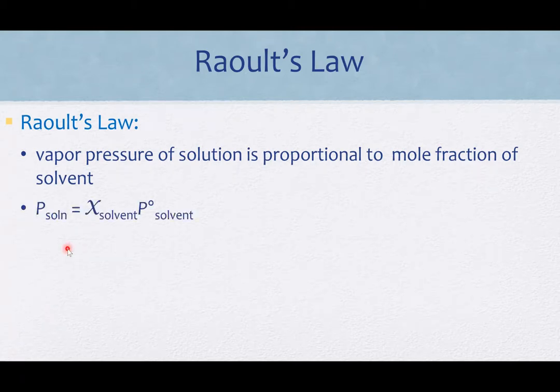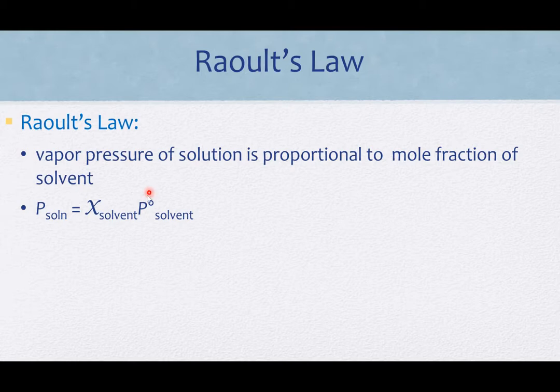So here is the formula for Raoult's law. The vapor pressure of the solution, P solution, is equal to the mole fraction of the solvent times the pressure of the solvent. Remember this little degrees symbol next to it is just at standard state, so standard pressure, temperature, that kind of standard situation.